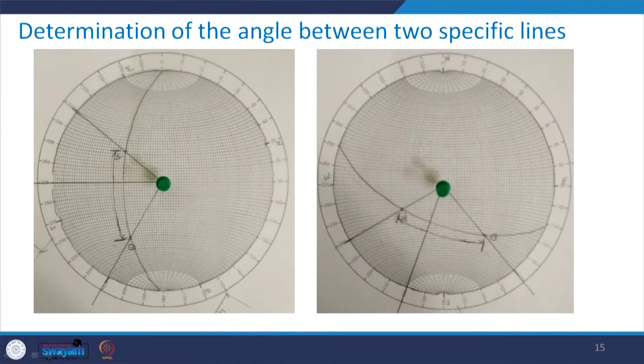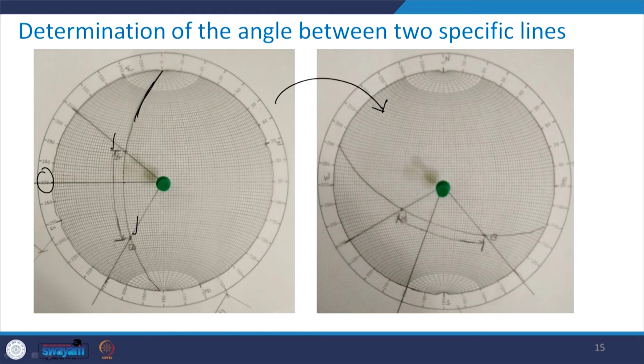What we do is, in this position where we have drawn this great circle on which both the points A and B are lying, we draw a radial line in this horizontal direction that is coinciding with this 270 degree. Now the next step is, you can measure from this point to this point.